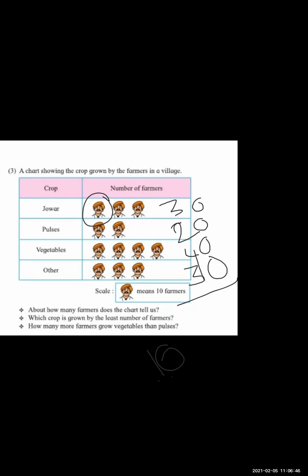In the vegetables column, how many farmers are there? 40 farmers. So what is the difference between 40 and 20? 40 minus 20. So 20 farmers are more as compared to the pulses column. Clear, everyone?